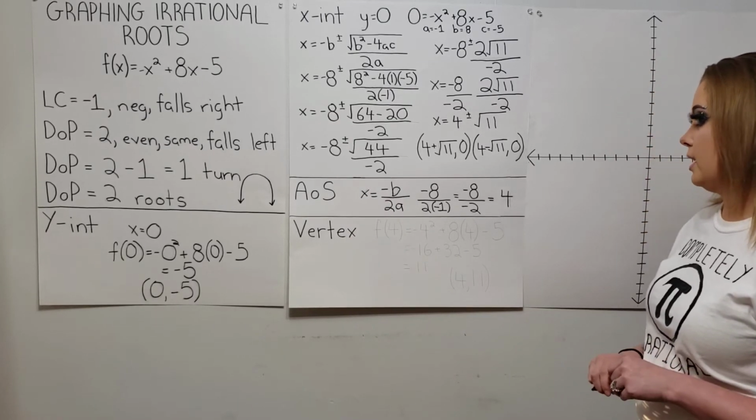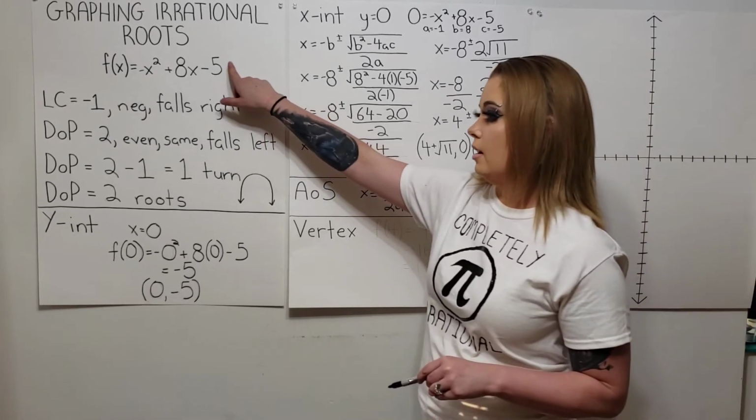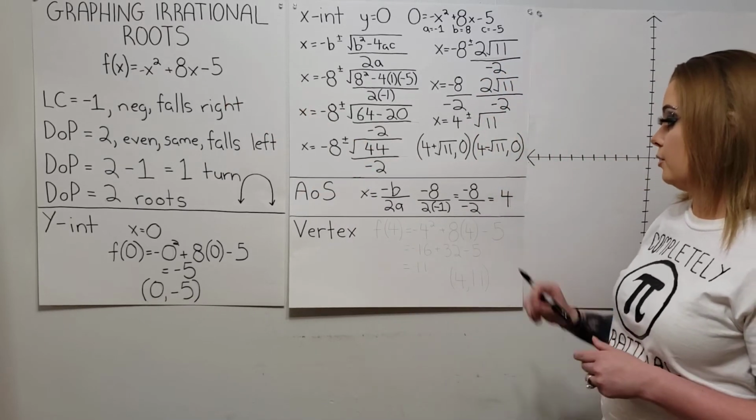We can also find our vertex on the axis of symmetry. To find the vertex, we take the value of our axis of symmetry and plug it into our function to find our y value on the axis of symmetry where x equals 4.